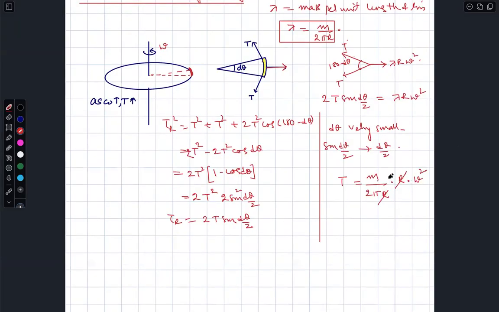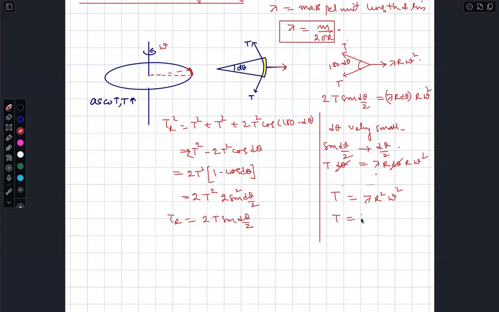Mass per unit length. Here, one more important point I forgot. I am getting calls, and that time I get disturbed, so one step was missed. So here also, while I'm substituting, d theta is lambda r d theta times r omega square, right? So tension is lambda r square omega square.